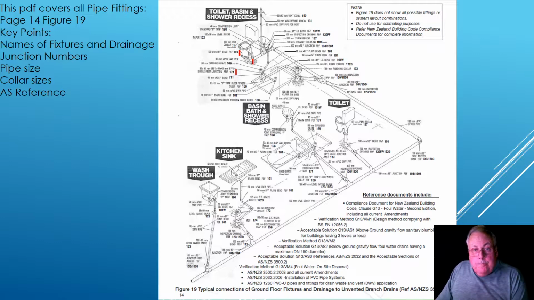We have 2. And so we can identify them, and then in our takeoff we would put that through. I'm not going to go through the other toilet, bath basin, bath, shower recesses, kitchen sink or wash trough.